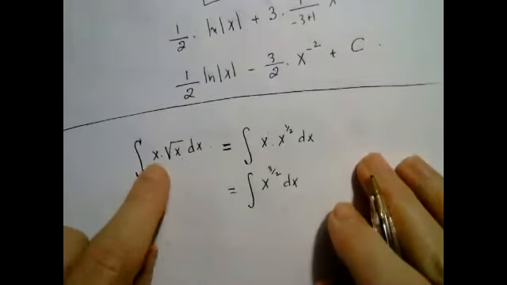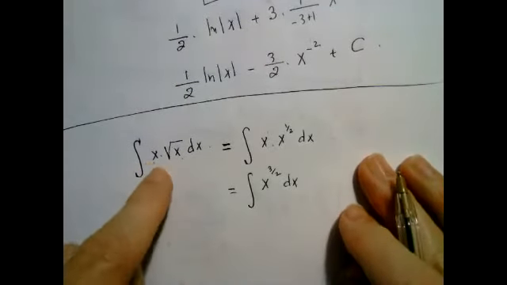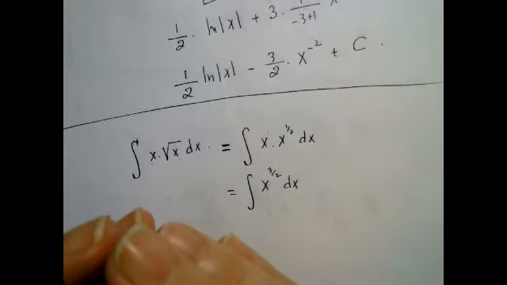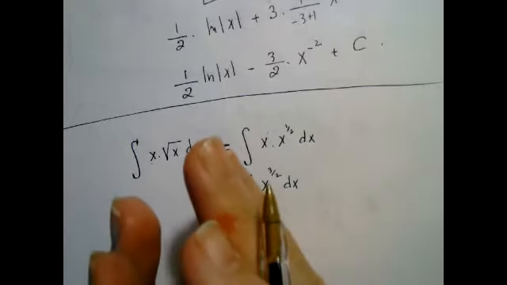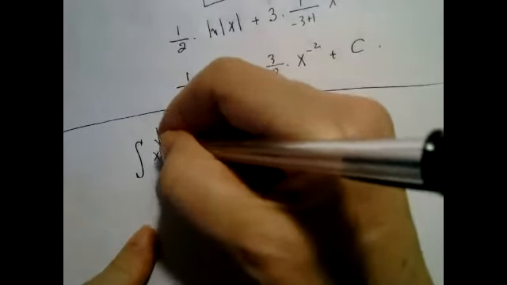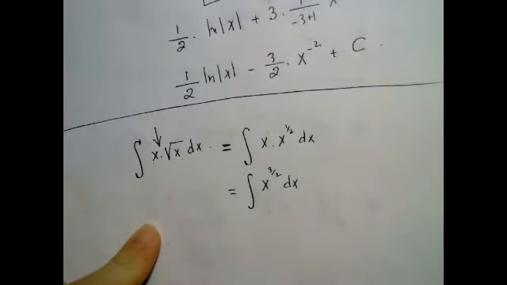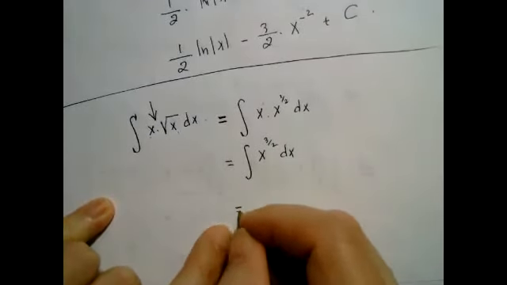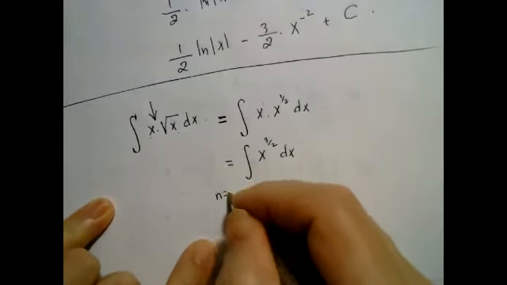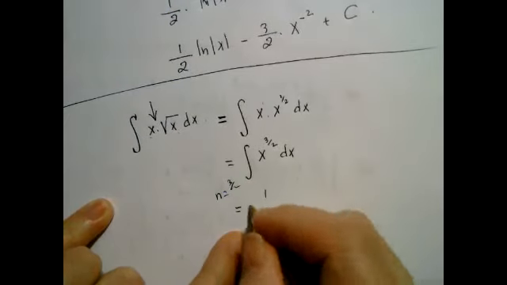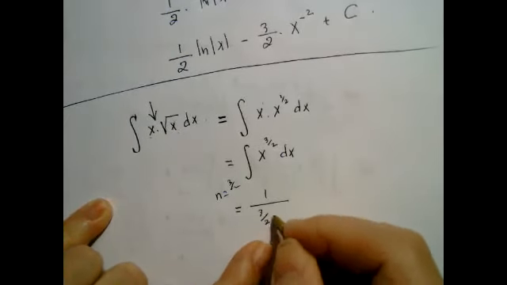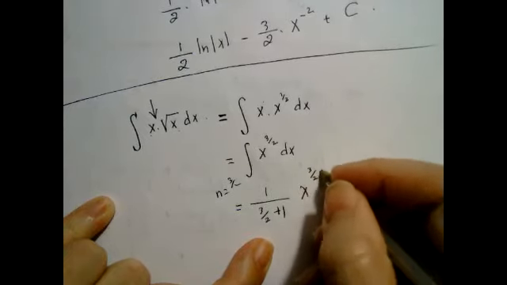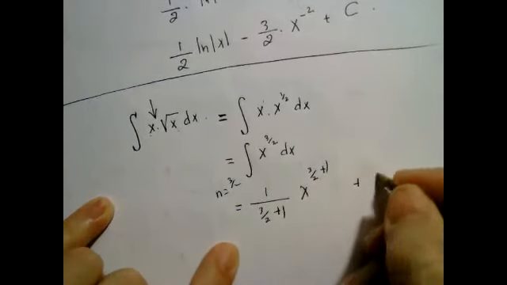Okay, I cannot break it. I'm going to make a big remark now: we can only break the indefinite integral if we have a sum. We can't break it if we are multiplying. Absolutely not. And I will mention that in a second. So this is going to be equal to, now this is the n, 3/2, so 1 over 3/2 plus 1, x to the 3/2 plus 1.